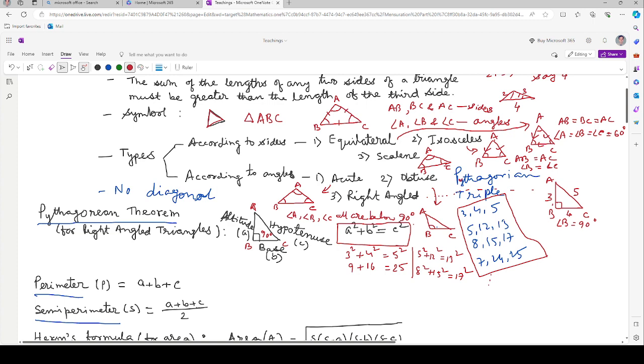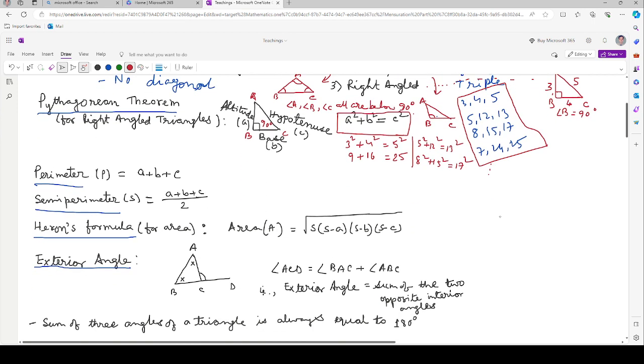Now, come to the point: perimeter. What is the perimeter of a triangle? If a triangle ABC has sides of length A, B, and C, then the perimeter will be A plus B plus C units. If it is in centimeter, then the result will be in centimeter.